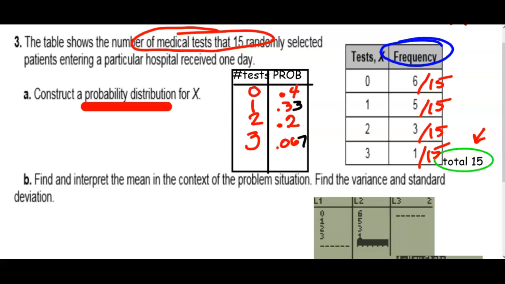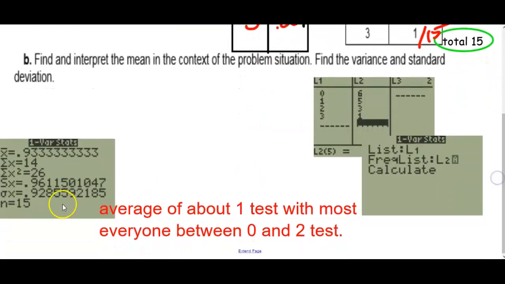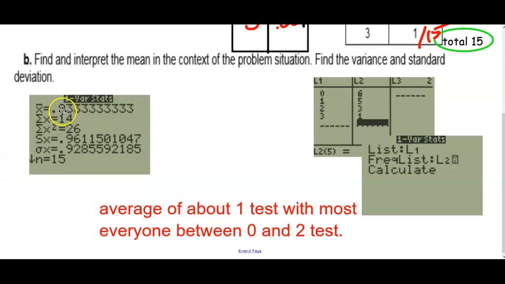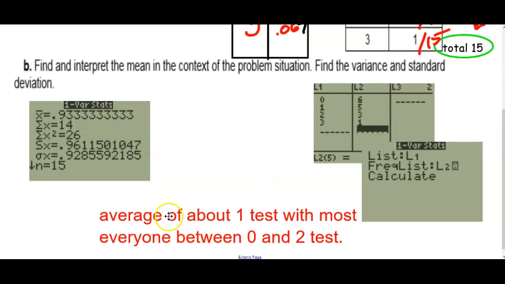All right, I think I already have those on the slide. Here we go. So the mean was about 0.93, or on average about 1 test, and the standard deviation was also close to 1. So the summary of what that means is not very exciting, because it says on average about 1 test was run, with most everyone getting between 0 and 2 tests. Well, that wasn't earth-shattering.